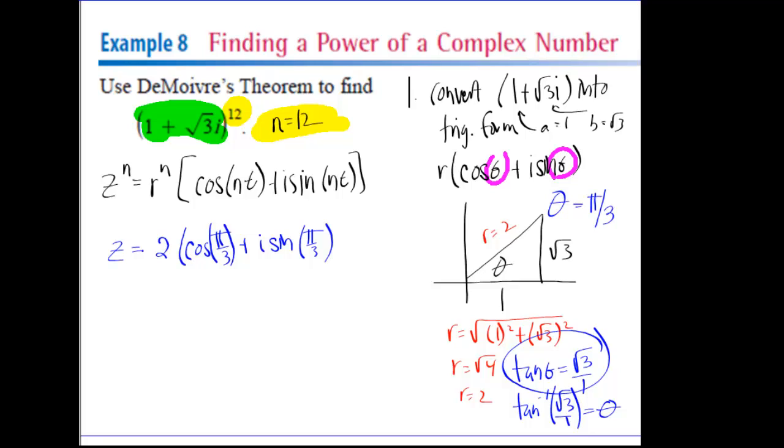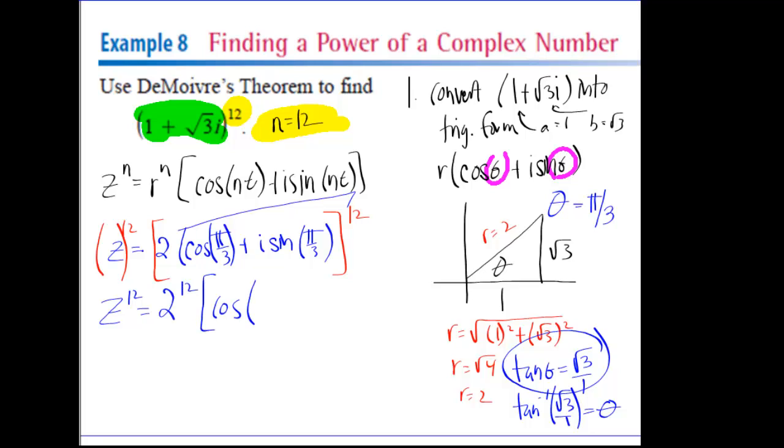So we now need to raise everything to the 12th power. We're going to raise this to the 12th power and everything over here to the 12th power. So we have z to the 12th is equal to 2 to the 12th times, open bracket, cosine.